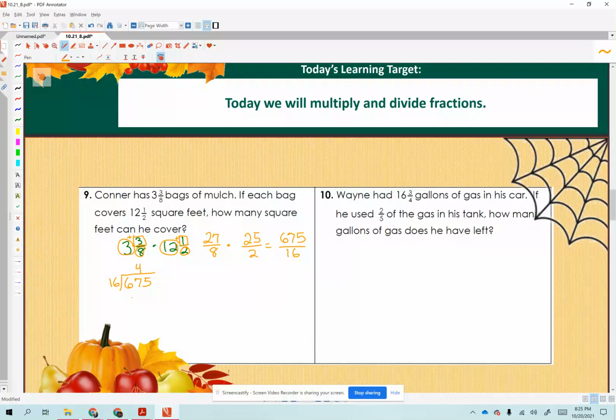Well, I know 4 times 16 is 64. Now bring down the 5. I know that 16 times 2 is 32, and that gives me 3/16 left over. So our final answer is 42 and 3/16. And remember, we're talking about square feet because we're laying the mulch on the landscaping or the flower beds. So we're talking about square feet, its area.